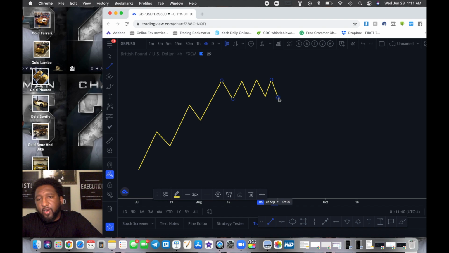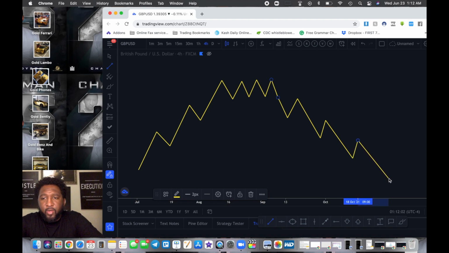And then once it figures out what it wants to do, it might break out to the upside and continue in that pattern, or the market can break to the downside and start a new pattern, right? That moves down. Same exact pattern.